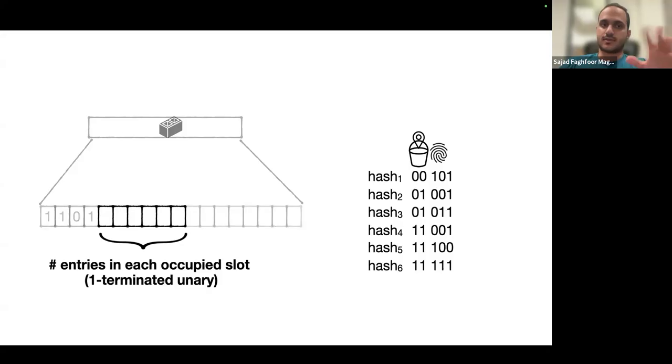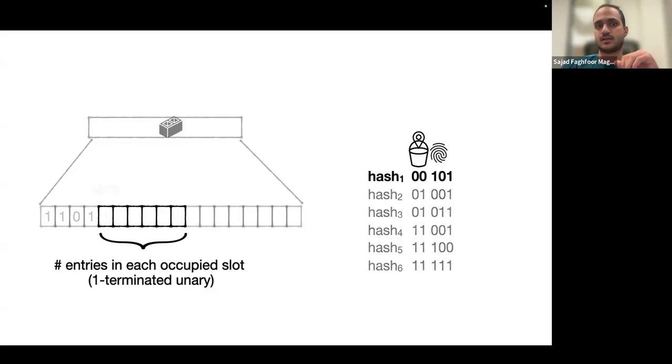The second segment of the block stores the number of entries in each occupied slot, and we use one-terminated unary for that. Again, we use unary encoding here because most of these slots only have 1 entry, and we only need to store a single bit for each one of them. So in this case, slot 0 consists of 1 entry, so we store a single set bit for that.